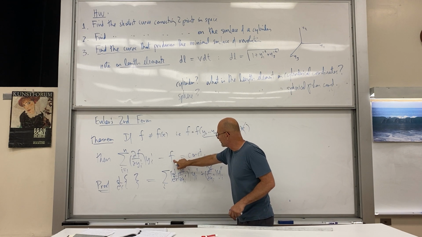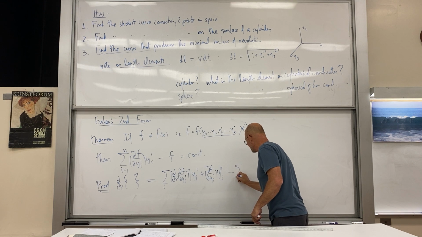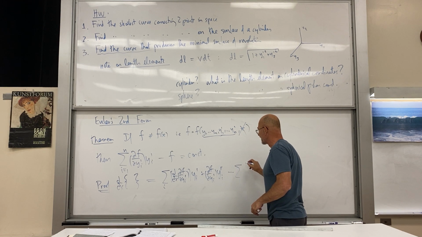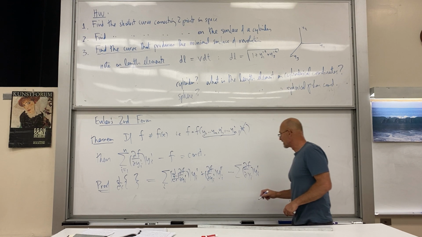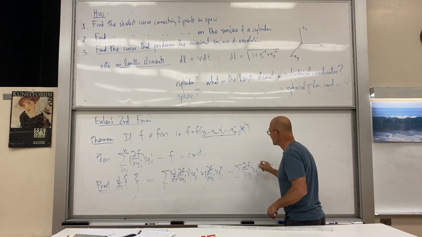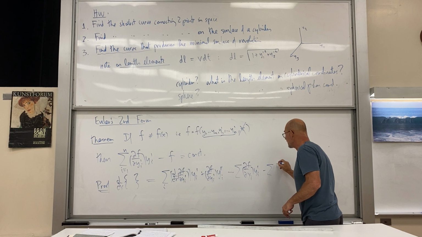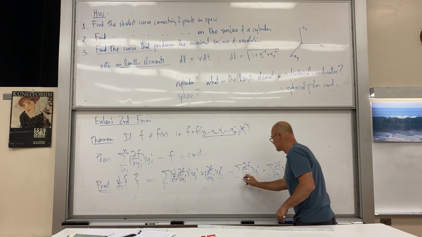Now this function has all these variables, so when I do the derivative with respect to x, I have a chain rule, so I'm going to have df dy sub i, y sub i prime, chain rule, and then I'll do another summation for the second set there, minus df dy sub i prime, y sub i double prime.